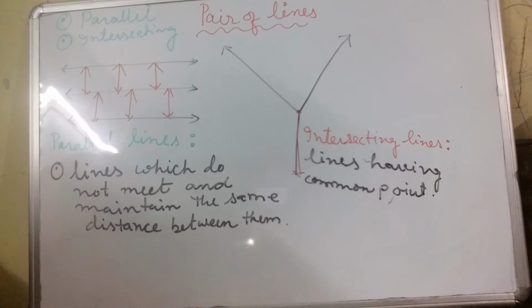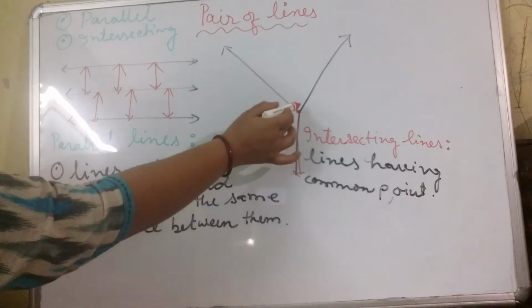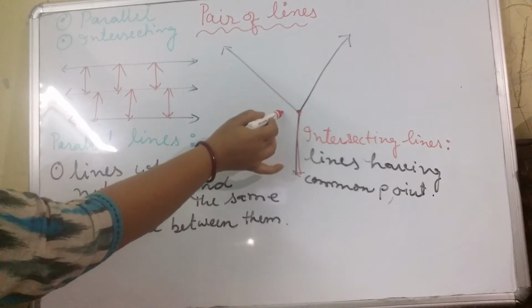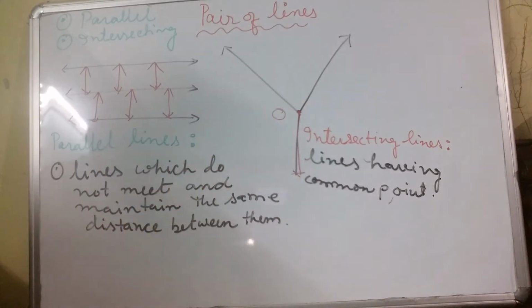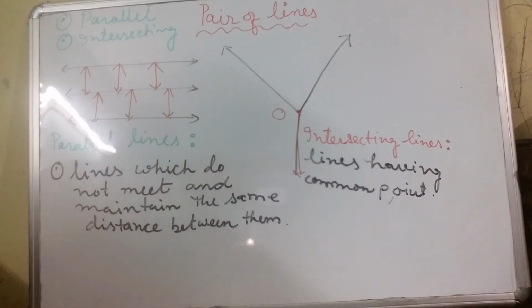That means intersecting lines have a common point. Now this common point, say it is O, is their point of intersection. Okay. So this is parallel line, this is intersecting line.